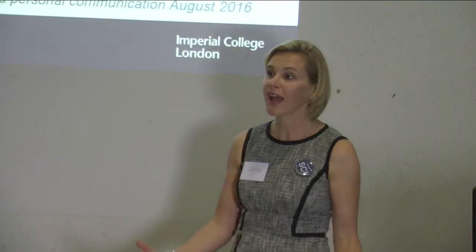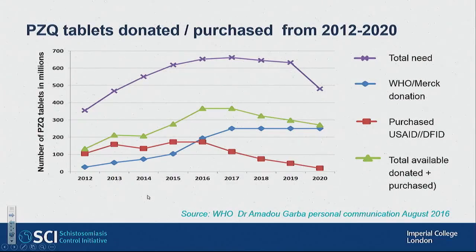Although we have this enormous resource in the donated praziquantel, there are still some gaps. This is a figure recently produced by WHO, and the total need for 285 million people is shown there in the purple line. The green triangles show the total available, that is the donated praziquantel and also that purchased by other organisations.